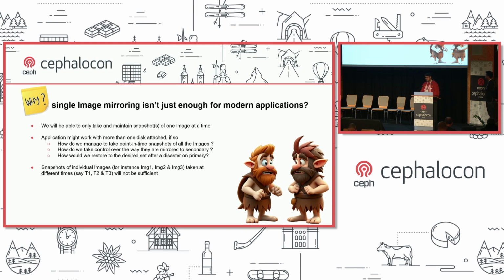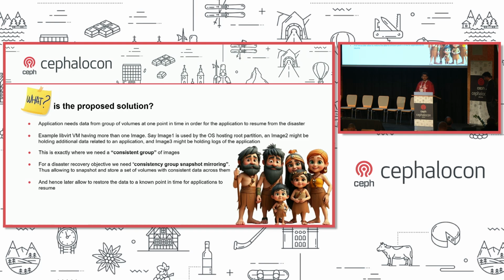So let's say your application has 3 images, for instance, image 1, image 2, image 3. If you take the snapshots of these images at different timestamps, let's say T1, T2, and T3 respectively, that's not going to be enough. So what's the proposed solution here?